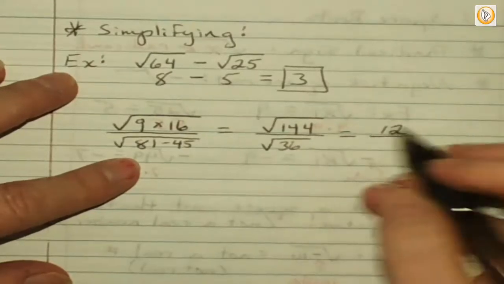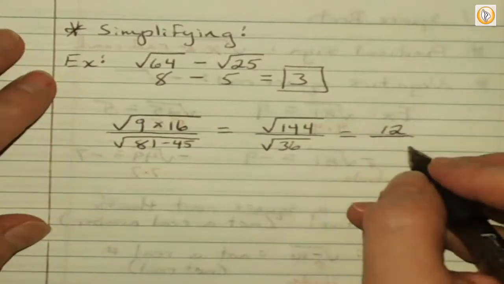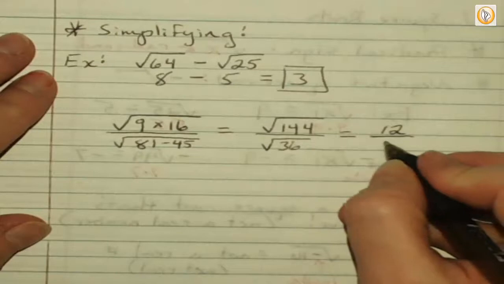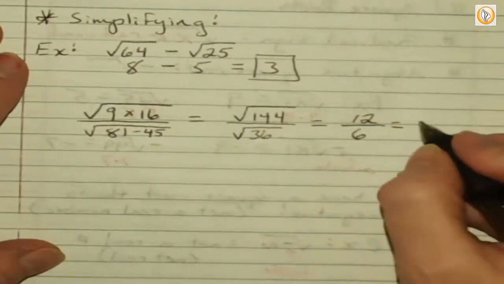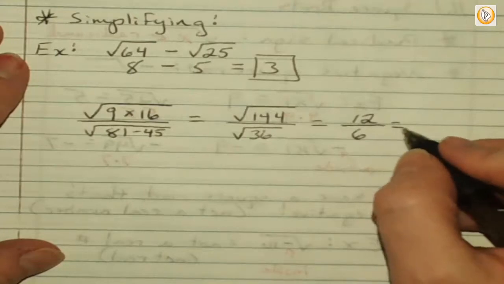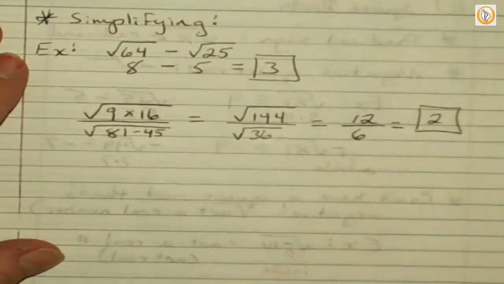So we've gotten rid of the radical sign. What's the square root of 36, Taylor? 6. Very good. What is 12 divided by 6? 2.